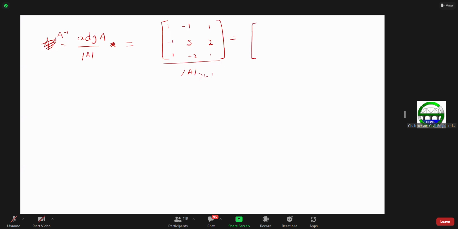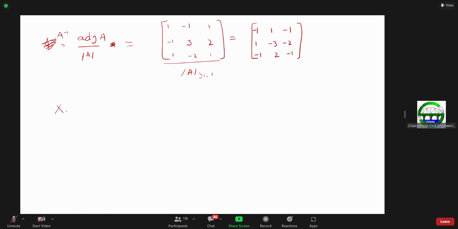So the only thing that happens is the signs change. So it is equal to 1, -1, 1, then 1, -3, -2, and -1, 2, -1. Right, this is A inverse.